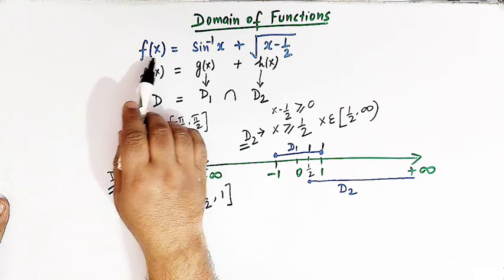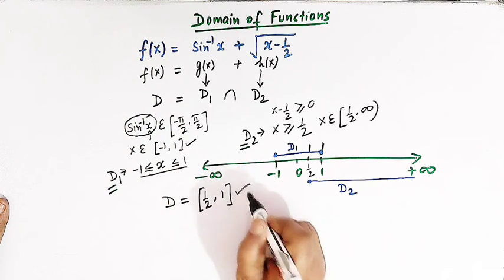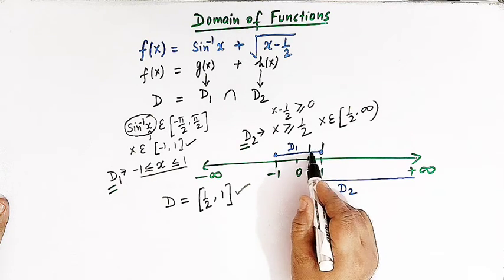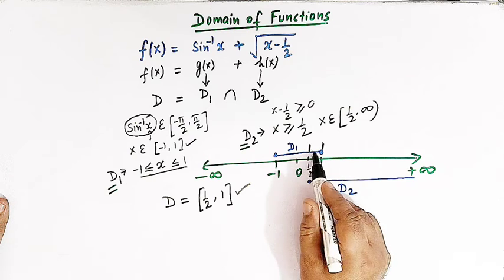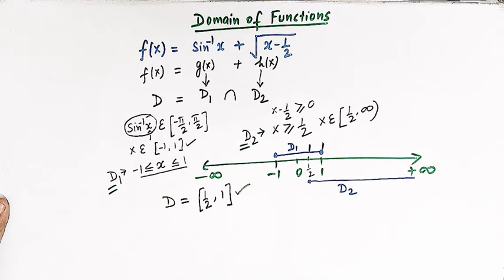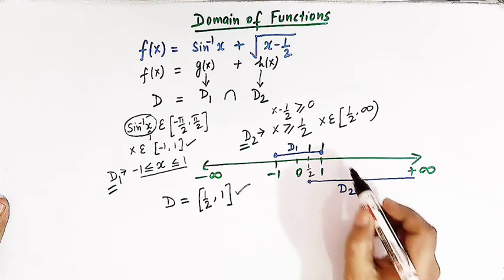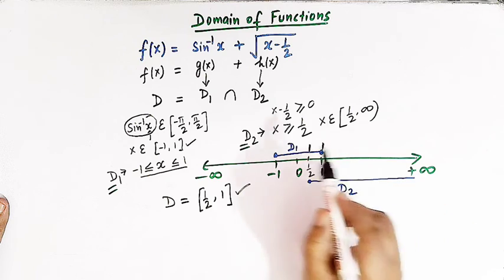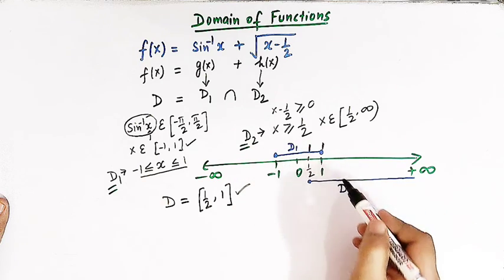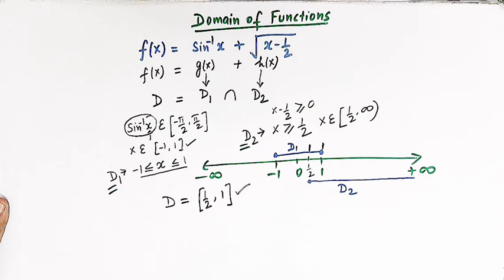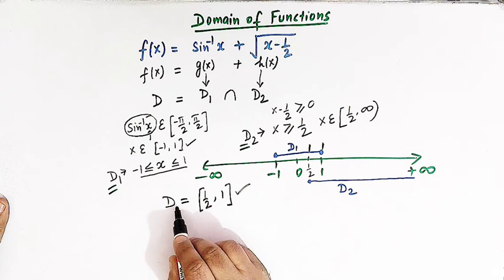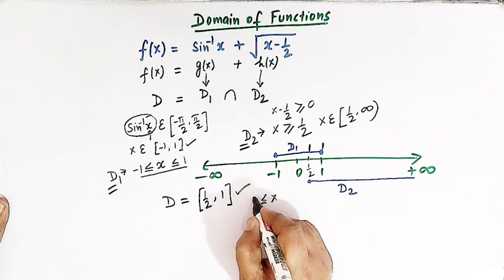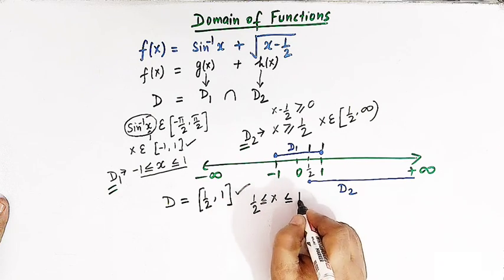So the domain of this function f of x is given by this interval, and that is from half to 1, because this region is the only region which is common to both these domains, d1 and d2, right? Because this part that is from 1 to infinity is not included in d1, and similarly we can explain other regions also, right? So our required domain is given by this interval, which can also be written like this: x is greater than or equal to half, but less than or equal to 1.